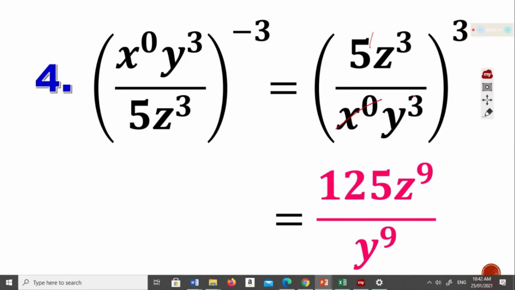Then, yung y cube, multiply by 3, so 9. So, the final answer is 125 z raised to 9th power over y raised to the 9th power. So, that is all about the negative and zero exponents together with the laws on positive exponents.